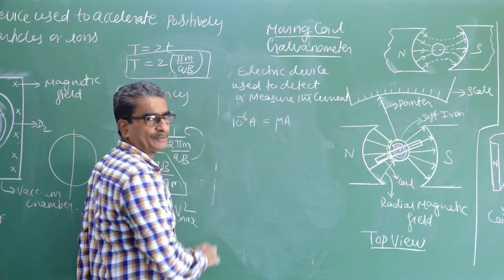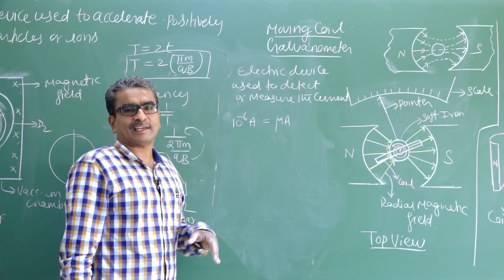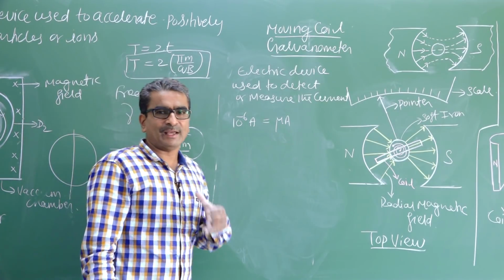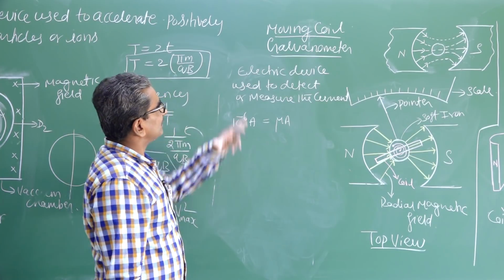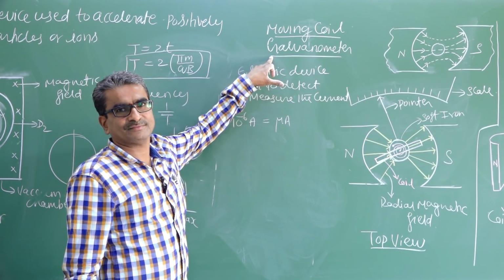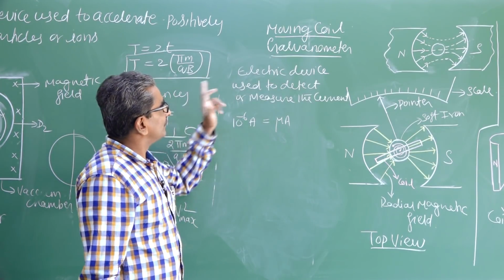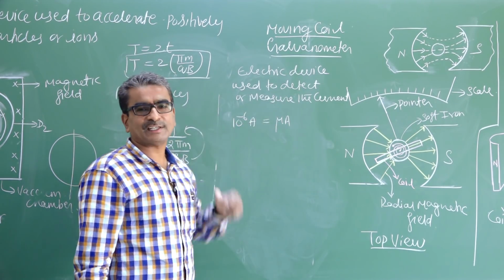1 micro is 10 to the power of minus 6. Such a small current can be detected by making use of one sensitive device, a current sensitive device. That's nothing but the moving coil galvanometer. So it is an electric device used to detect or measure the current.